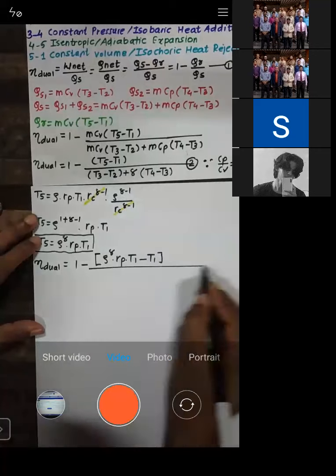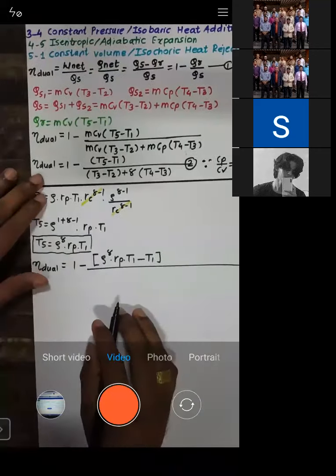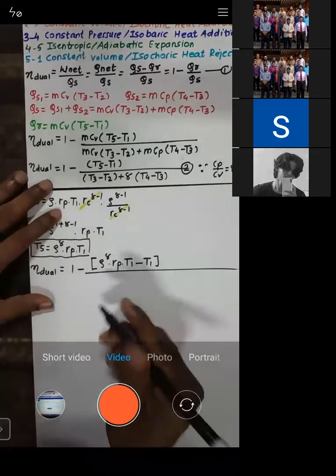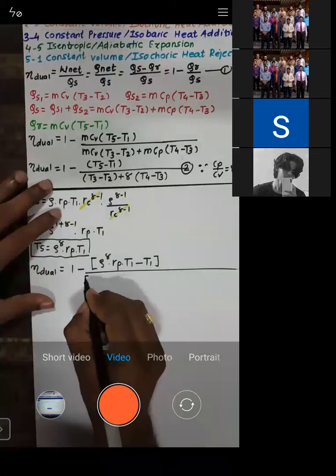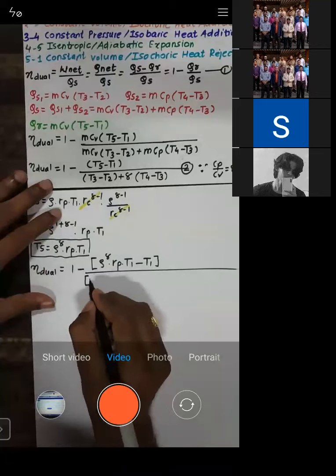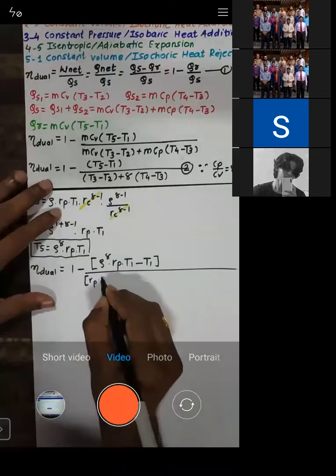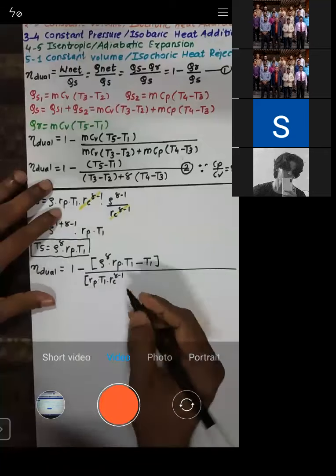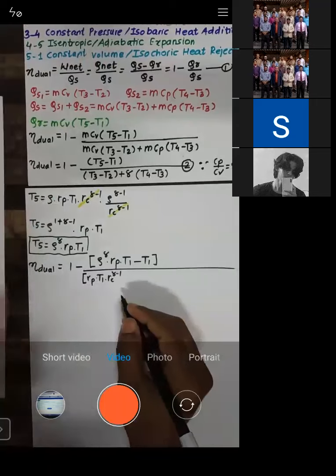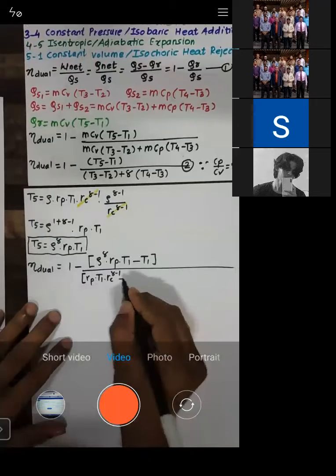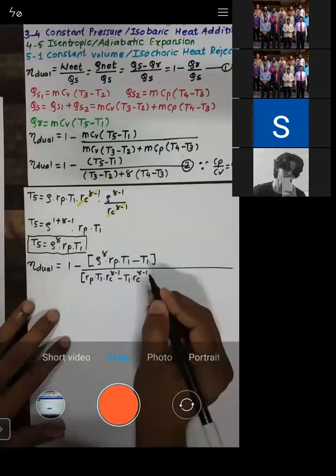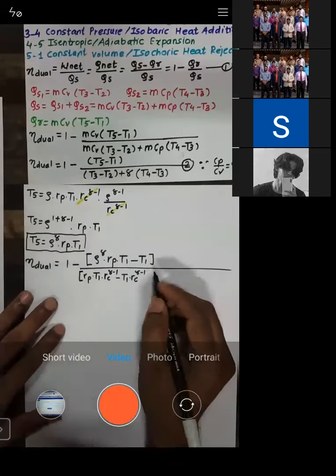In the denominator, the value of T3 is Rp into T1 into Rc raised to power gamma minus 1, minus T2, where the value of T2 is T1 into Rc raised to power gamma minus 1.